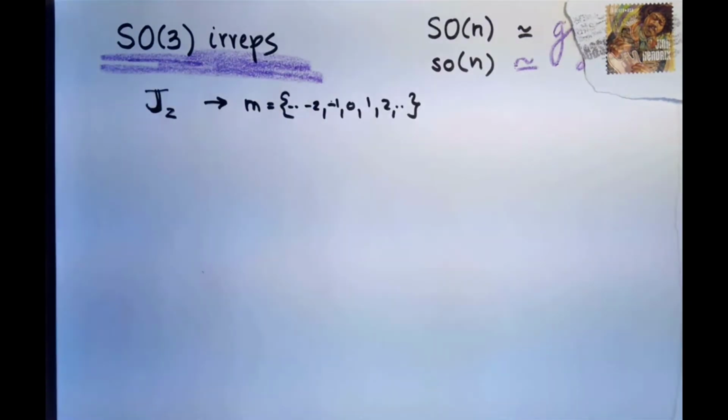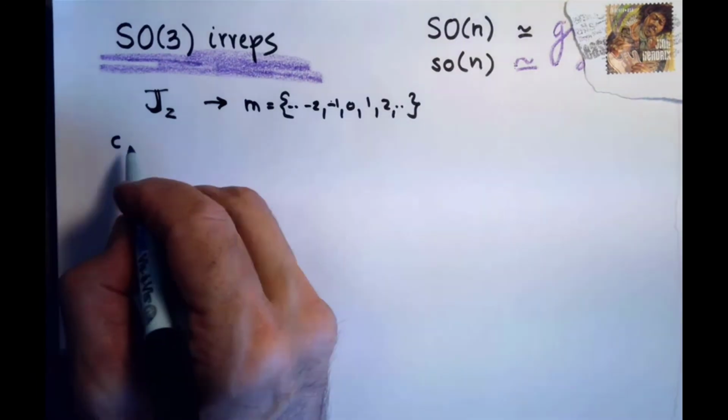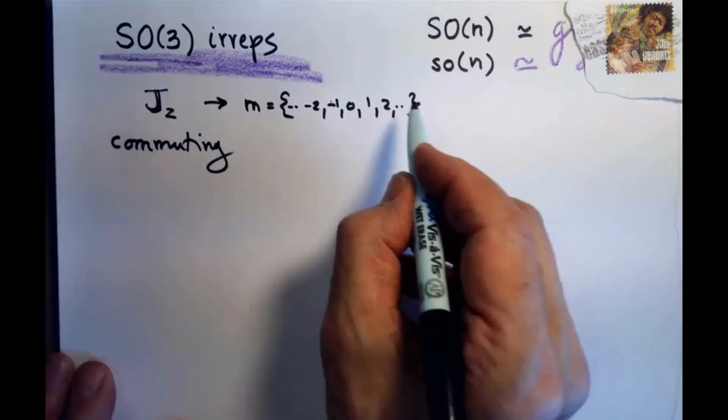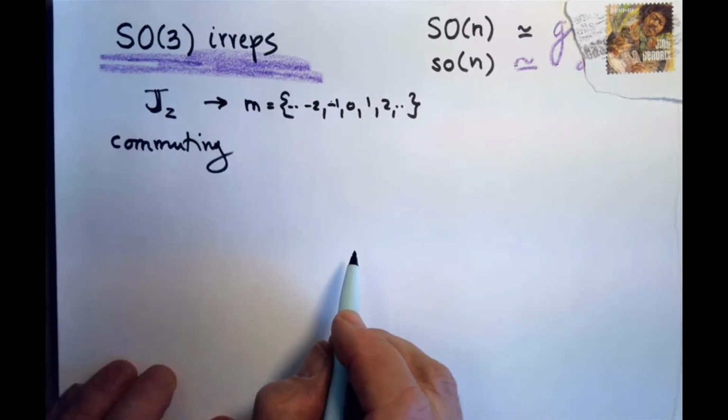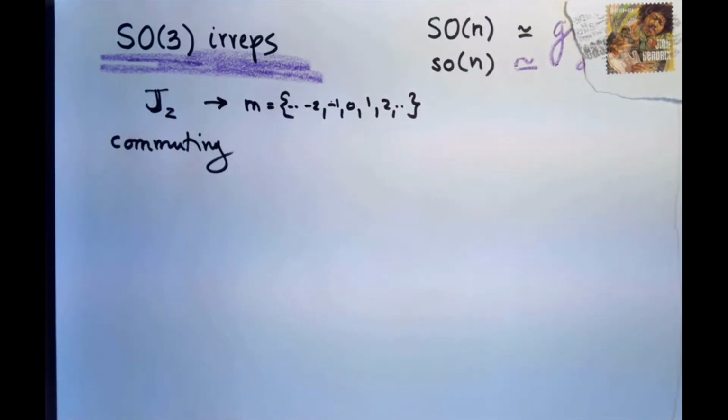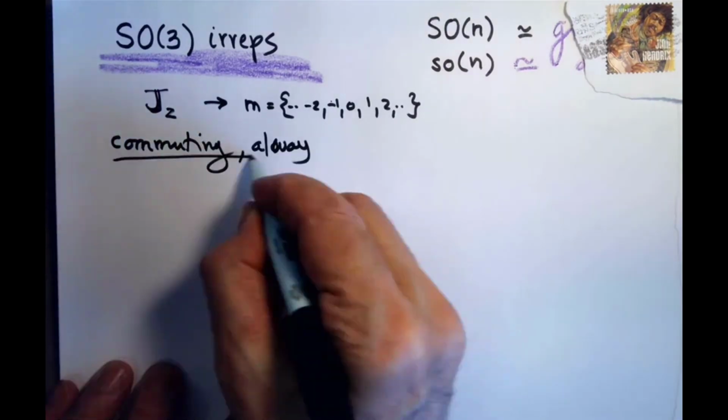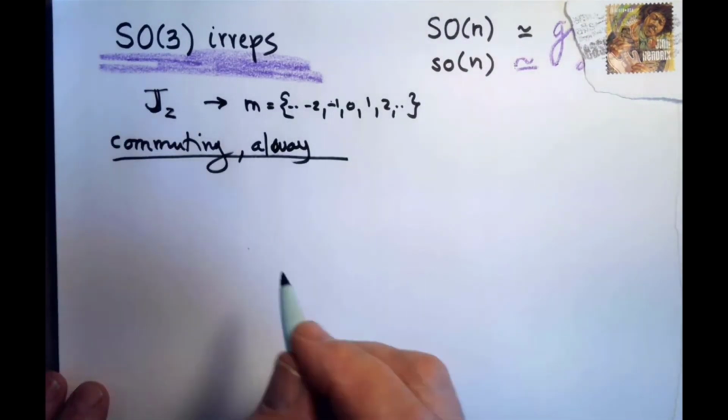But then we need another thing, and we are allowed to do anything we want to with our generators. Something that's always commuting with any one of these generators that generate rotation in different directions is something that's called the Casimir operator.